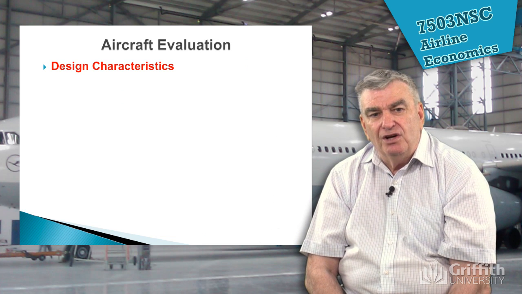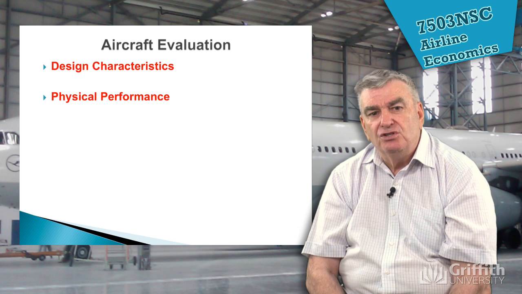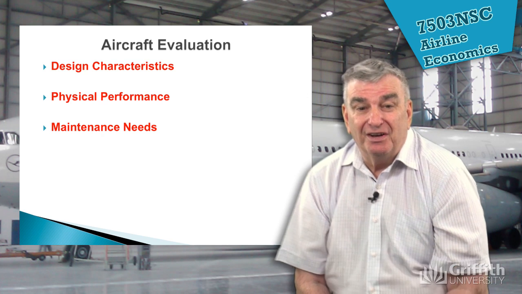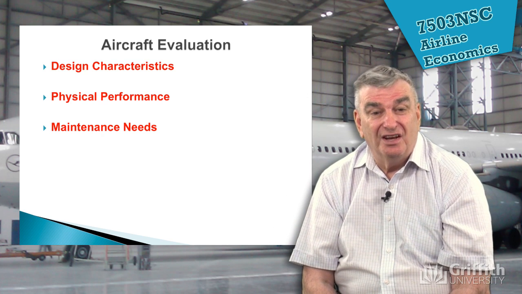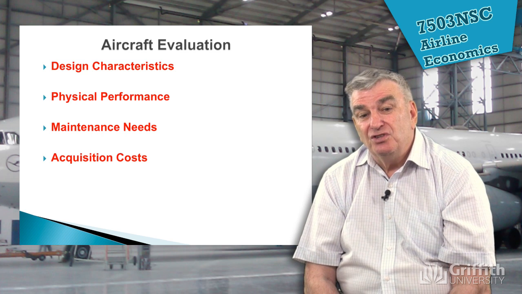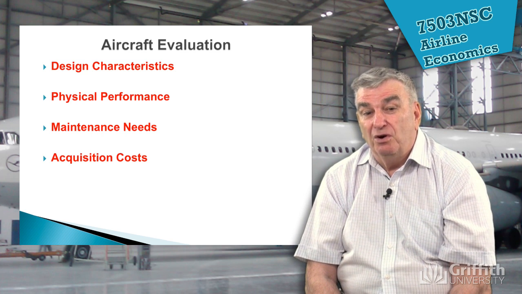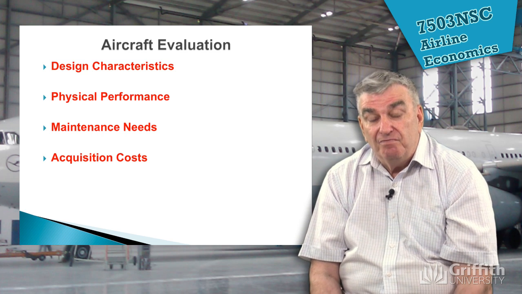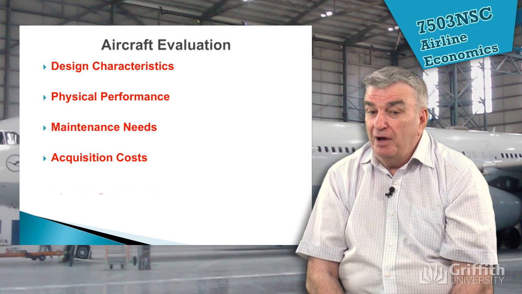With aircraft evaluation, we look at the design characteristics, the physical performance itself, the maintenance needs. For example, we know a Boeing 787 doesn't need its heavy maintenance until after 12 years. That's a big cost saver. The acquisition cost itself, that is, do we have the money to buy it, or do we have to go out and borrow? We'll be looking at those costs and saying, well, perhaps it may be leasing.